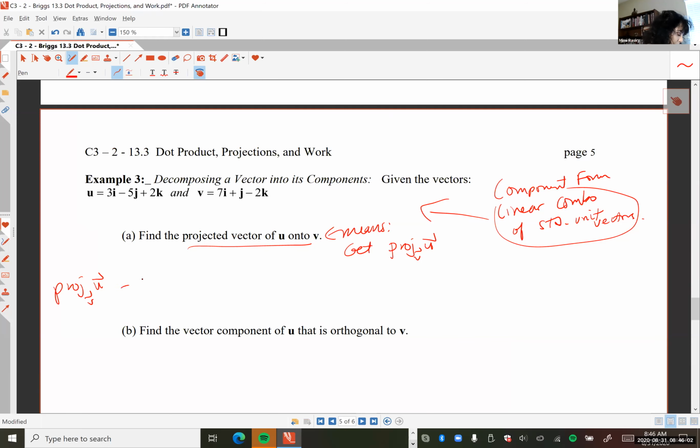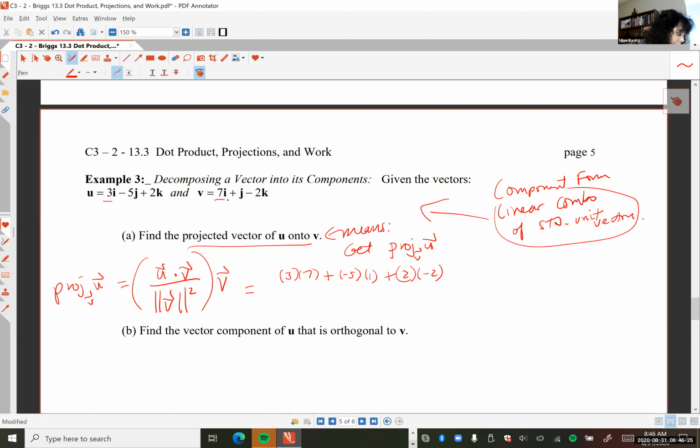So I'm going to use my way, which is a scalar times v, and the scalar has a numerator of u dot v and the denominator is the magnitude of v squared. Let's just do this. The dot product is 3 times 7 plus negative 5 times 1 plus 2 times negative 2. How did I get all that?